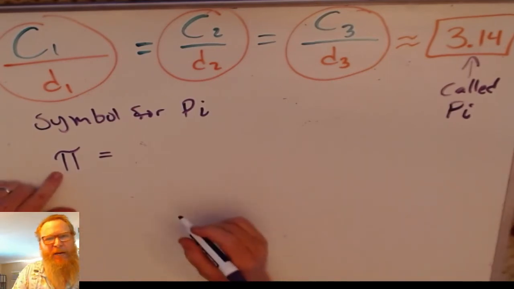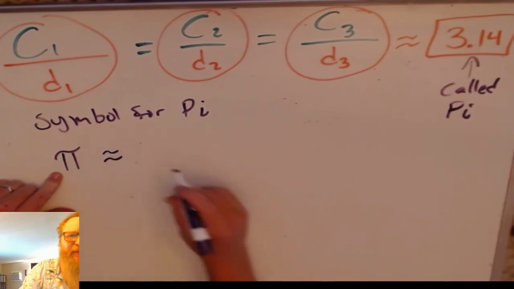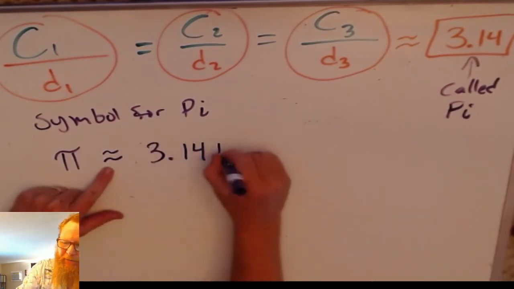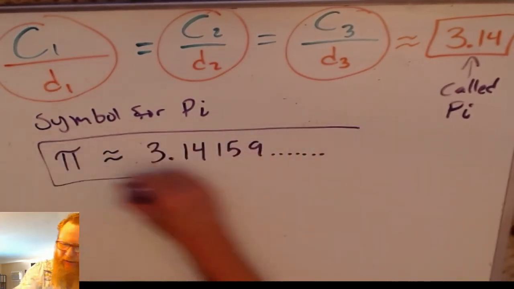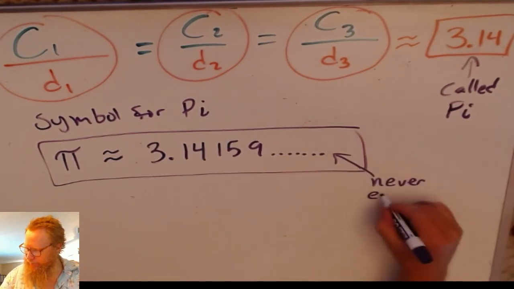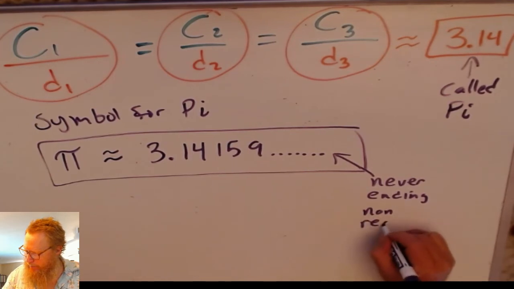The value of pi is approximately, it's not exactly, approximately 3.14159, etc., etc., etc. It is a never-ending, non-repeating decimal.